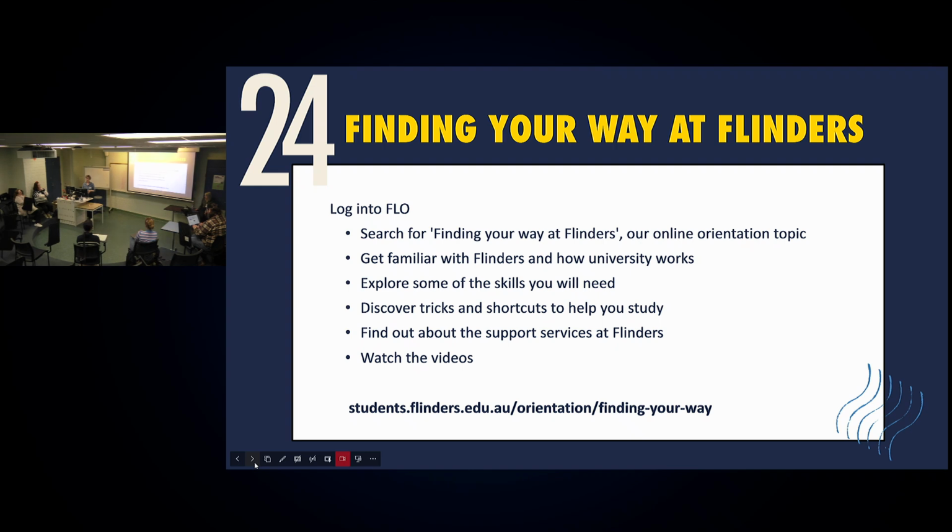So how do you make the most of orientation here? Probably one of the first things you can do is log into Flow and enrol in the Finding Your Way at Flinders topic. So you could just search for that in the search engine there, and it will help you become familiar with Flinders, how the university works, some of the systems that are available here, and help you develop some skills to navigate your way around Flinders and to support you during your studies.